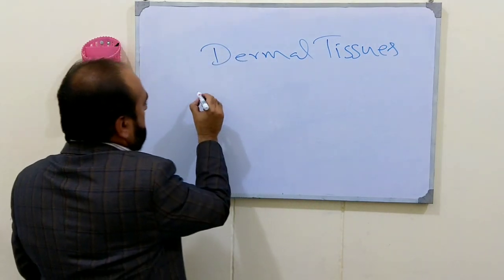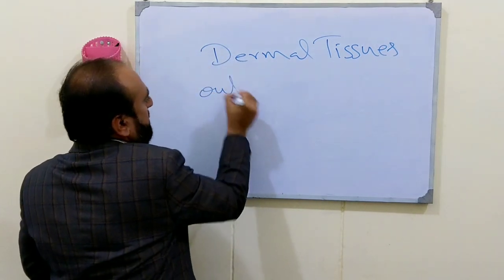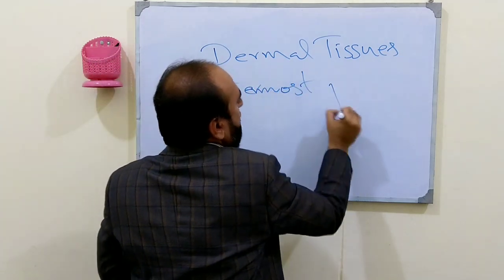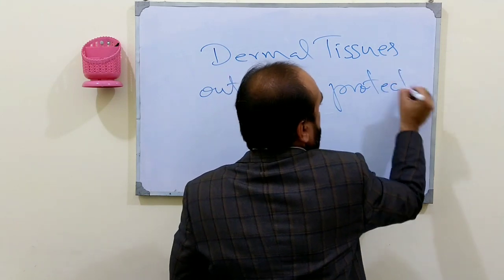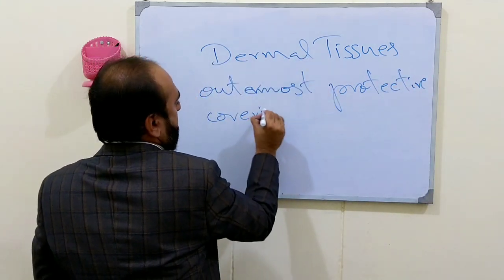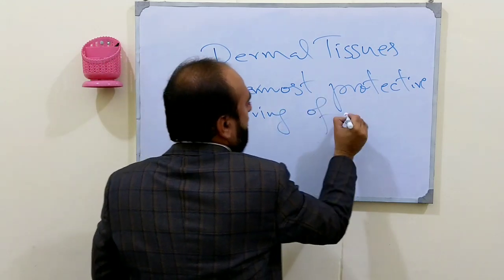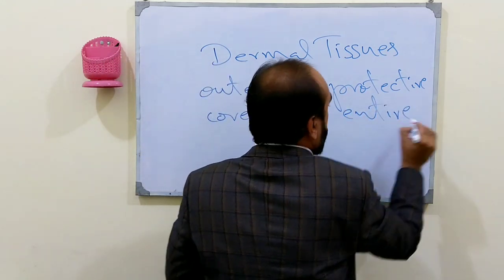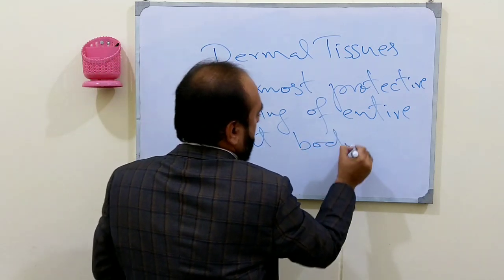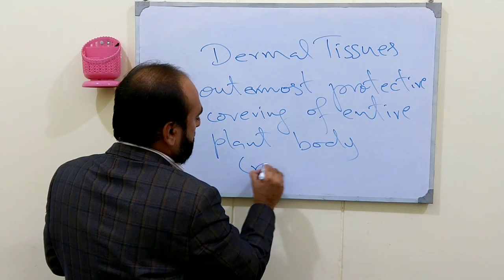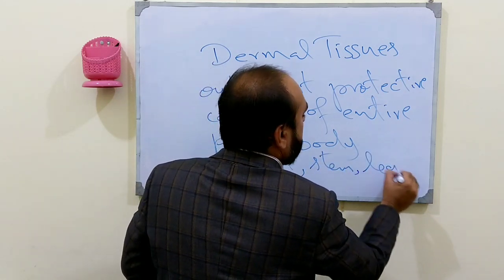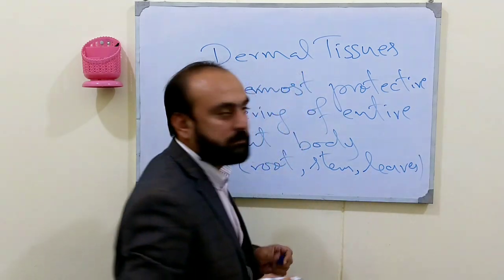Dermal tissue is the outermost protective covering of the entire plant body, that is roots, stems, leaves, fruits, etc.